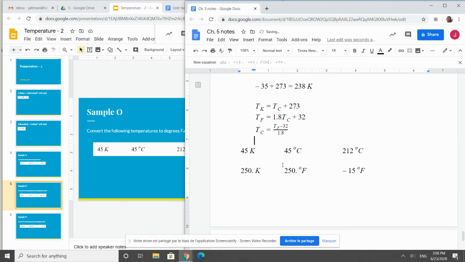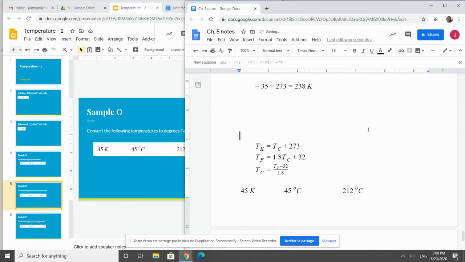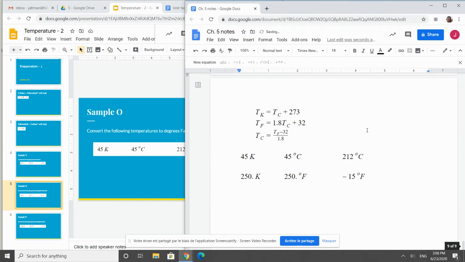So in order to convert this to Fahrenheit, I'm going to need to first convert it into Celsius. So I just do 45 minus 273. And I get that it is negative 228 degrees Celsius.